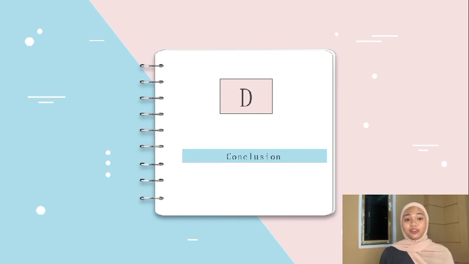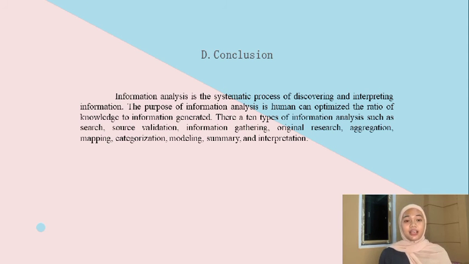Okay, that was the material about analysis of available information that was conveyed by my friends. So, the conclusion: information analysis is the systematic process of discovering and interpreting information. The purpose of information analysis is that humans can optimize the ratio of knowledge to information generated.